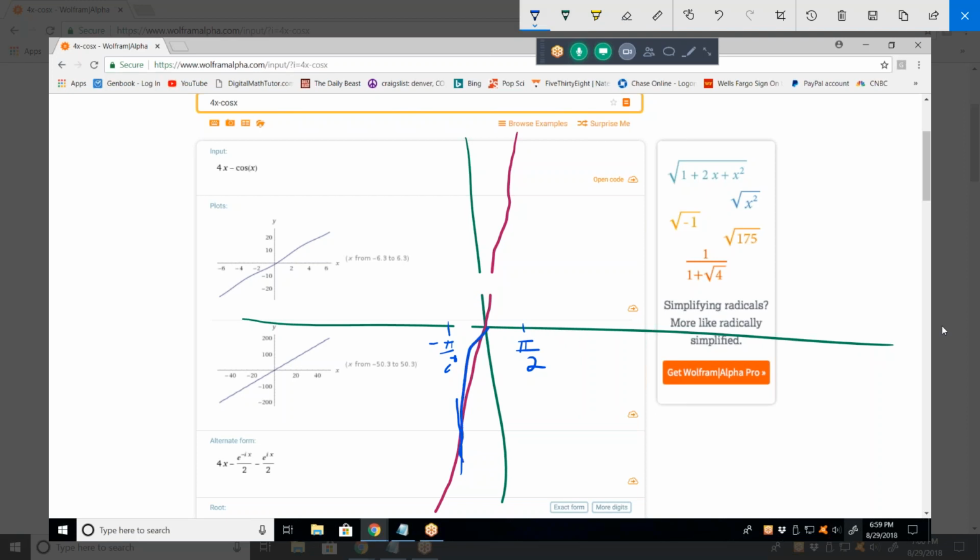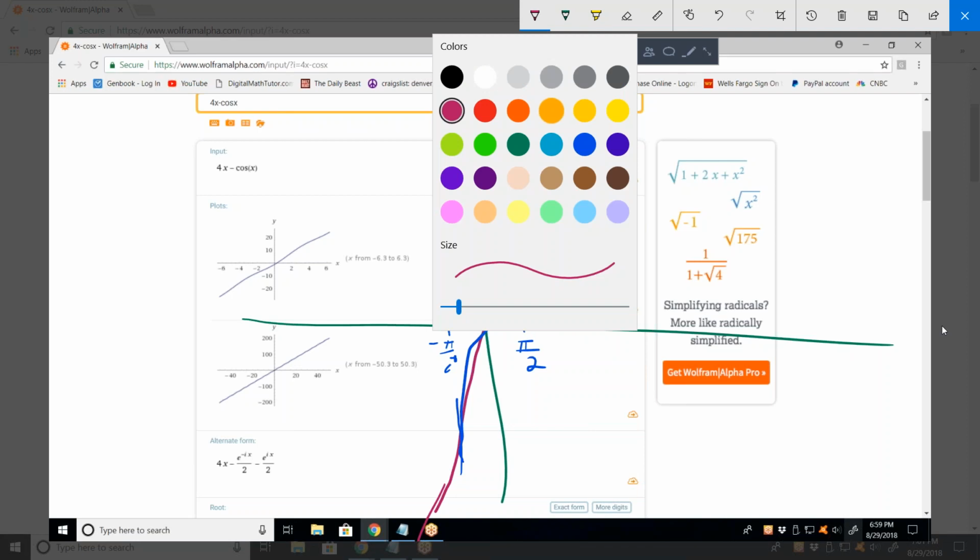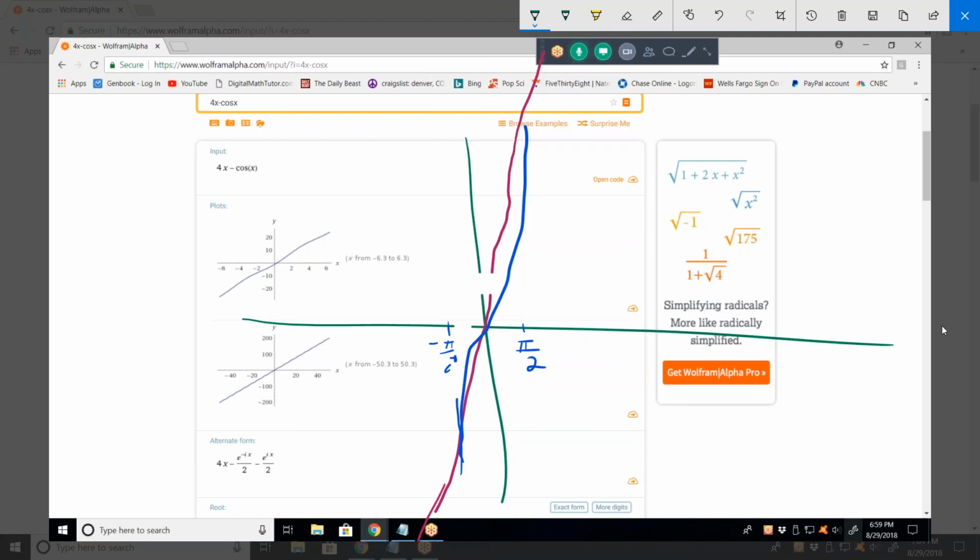So it kind of looks like this. Now, since the red line goes forever in both directions, the vertical asymptote right there is not discontinuous because there's a red point.